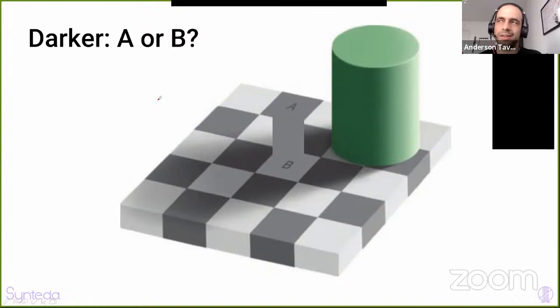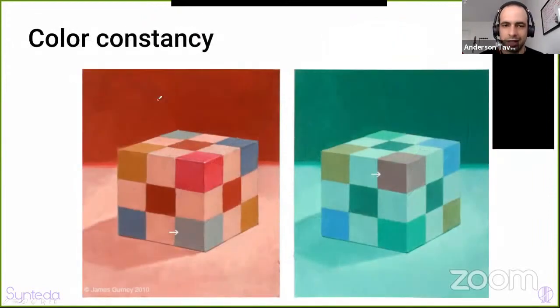This is because we also decide which color an object is based on the neighborhood, so we have something called color constancy. This is a desired property in computer vision, to detect objects regardless of the illumination.